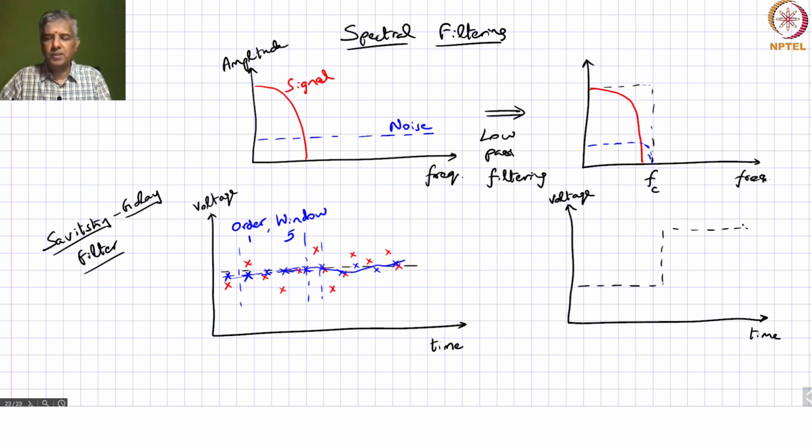If you have such a transition in your signal, then you apply the same thing. So first of all, let's represent all these noisy data points.